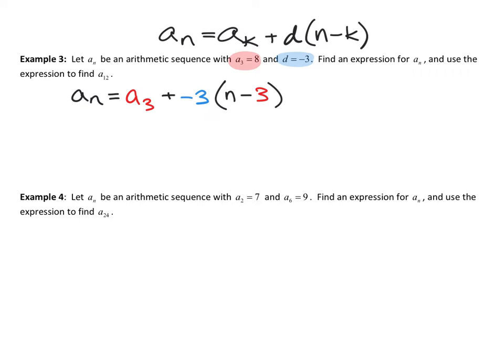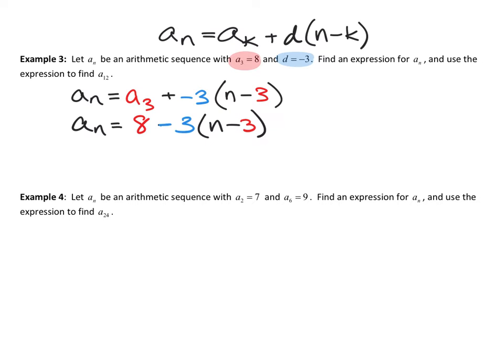Do we see where everything came from? We used the example point, air quotes point, that they gave us of a sub 3 equal to 8 in the spots for a sub k and k. But I'm actually going to substitute in the value of a sub 3. It says that it's equal to 8. Let me just do one sign here. So -3 and -3.